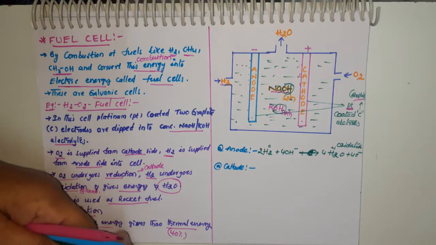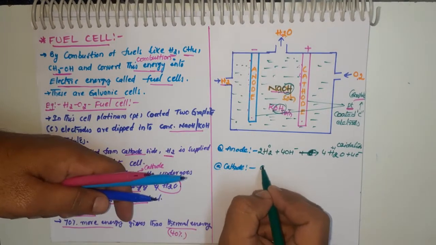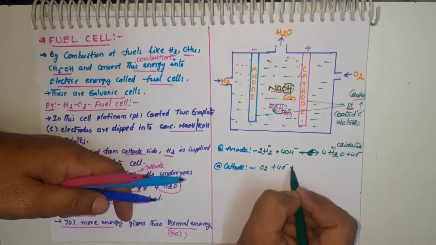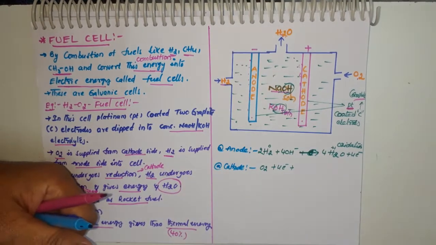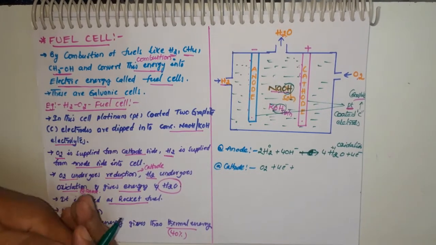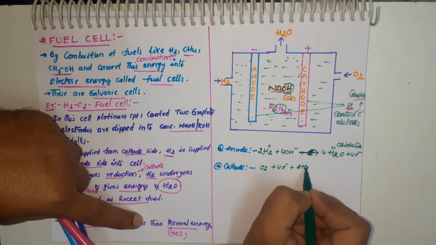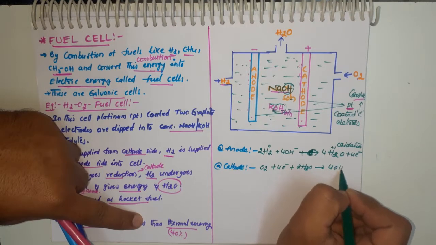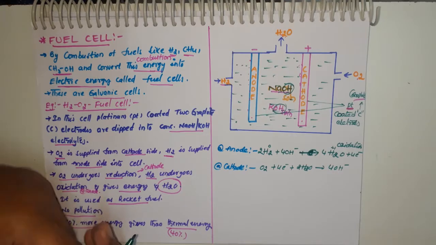Oxygen receives 4 electrons and reacts with the water produced by H2 undergoing oxidation, reacts with 2H2O and forms 4OH minus ions.